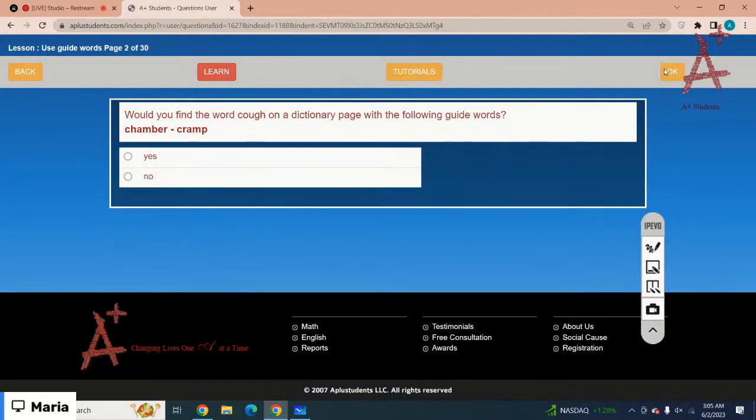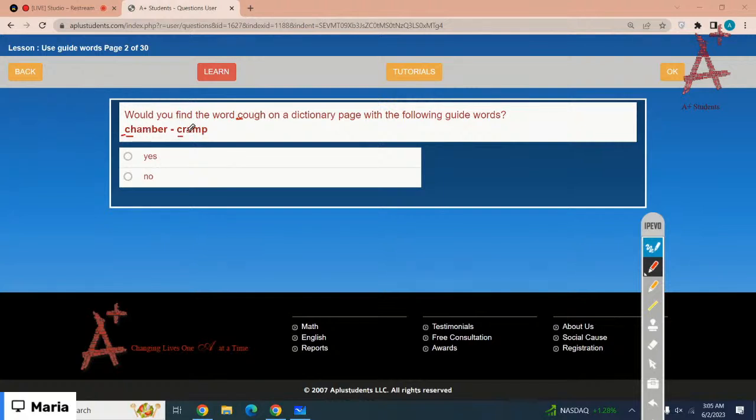Okay, the next one is, would you find the word cuff on a dictionary page with the following guide words, chamber and cramp? We need to see if we can find the word cuff on the same page. So the first letter of all the words is C. Look for the second ones.